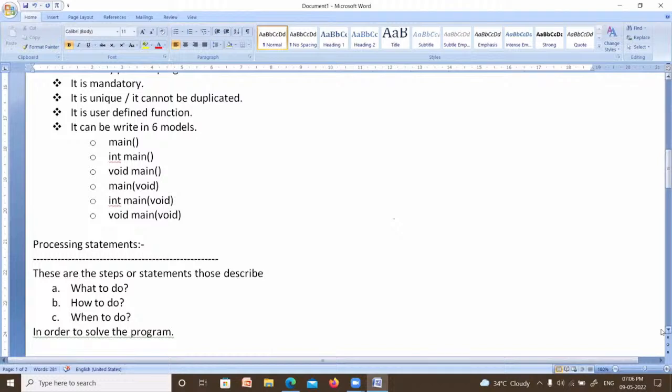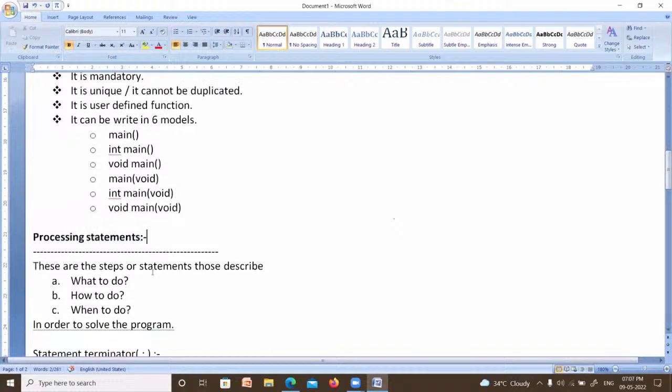Processing statements. Sai, note down this.